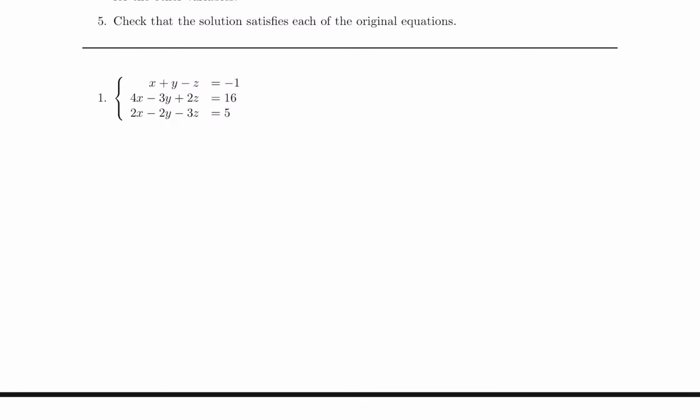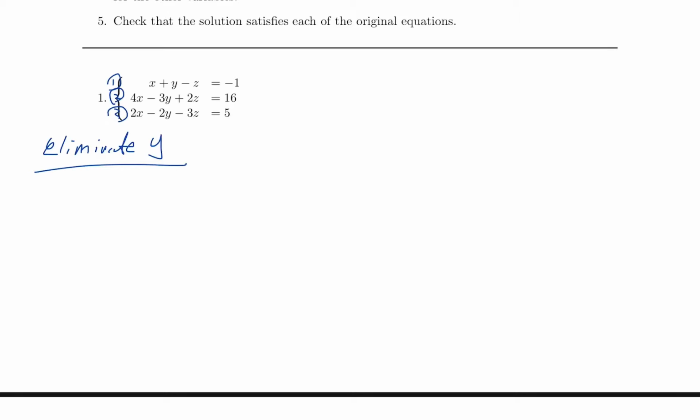So first, what I like to do is actually write down what we're going to eliminate. I'm going to eliminate y. So I have 3 equations here. Equation 1, 2, 3, right?